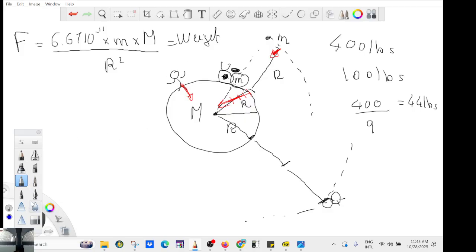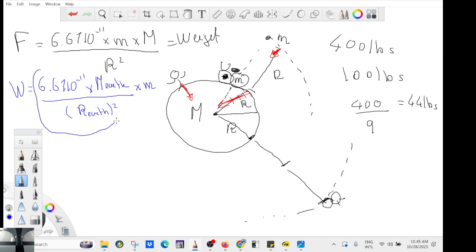So my weight will be 6.67 times 10 to the negative 11 times the mass of the Earth divided by the radius of the Earth squared, times my own mass. Do you agree? Okay, try to compute this.